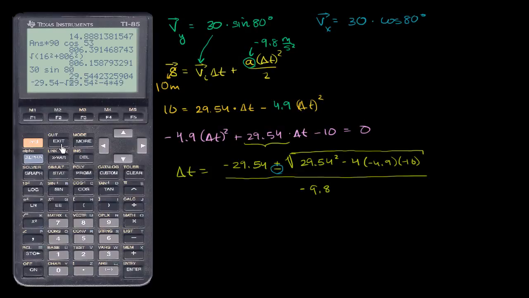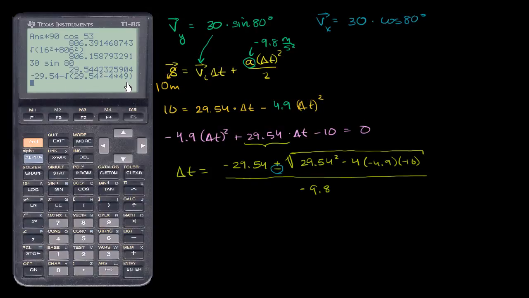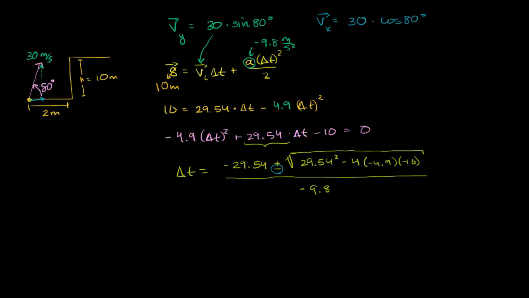So this right here will give me the numerator if I evaluate this. It got me a negative value, and then I divide that by negative 9.8, which gives me 5.67 seconds.